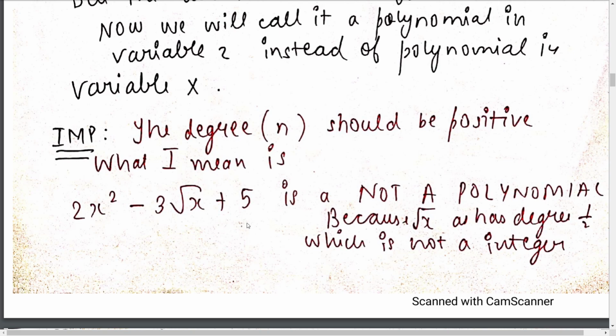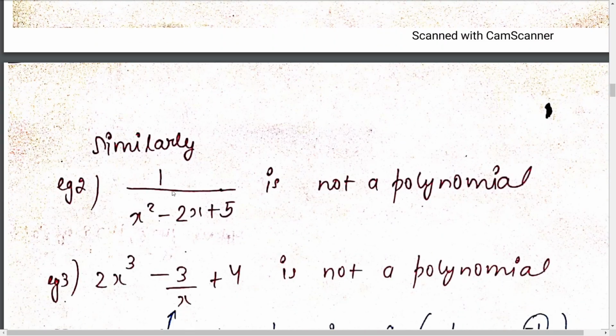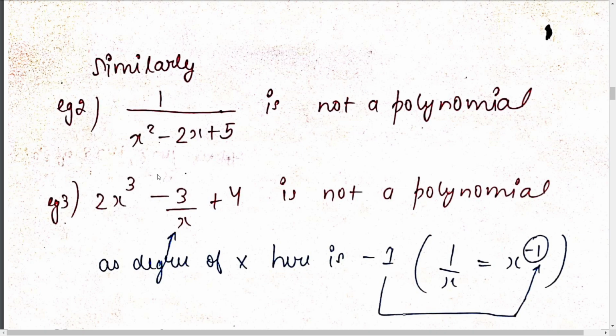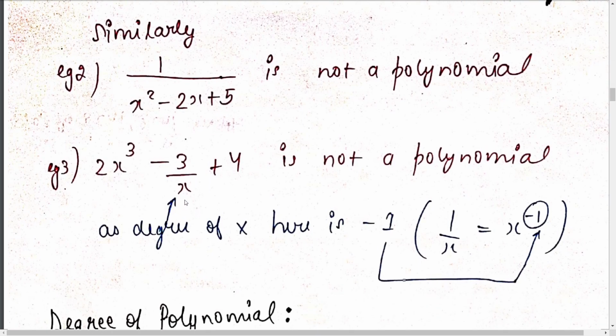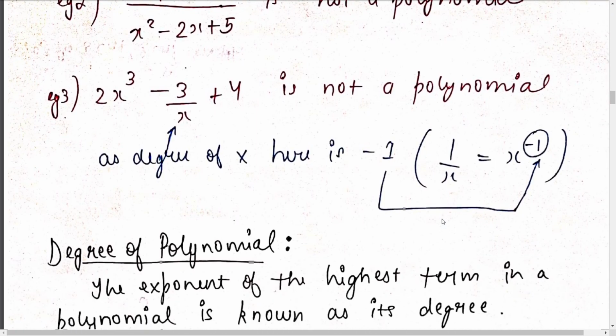So this is not a polynomial. Next example is this. In this, there's no degree defined. So this is not a polynomial. Third example is this one. In this case, the power of x is minus 1, because 1 by x can be written as x to the power minus 1. So the power of x is minus 1. So this is again not a polynomial.